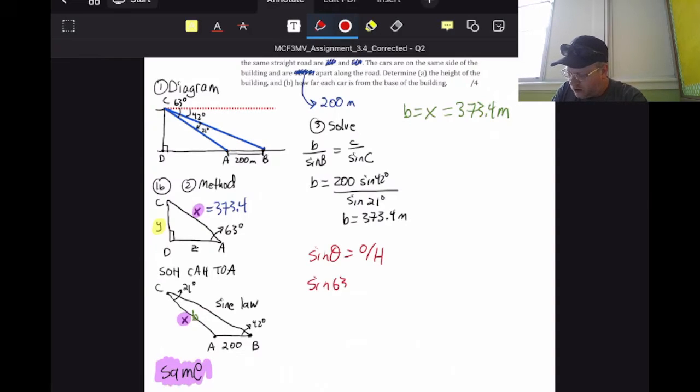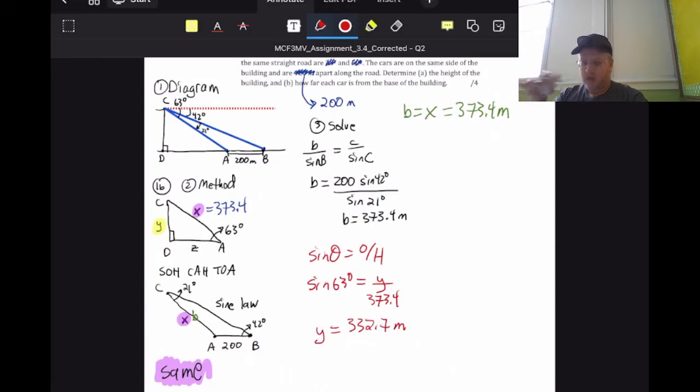Sine 63 degrees equals opposite, which was our Y value or our height that we're trying to find, over hypotenuse, which was 373.4. You're going to solve this by multiplying both sides of the equation by 373.4 times sine 63. So our height is going to be 332.7 meters.